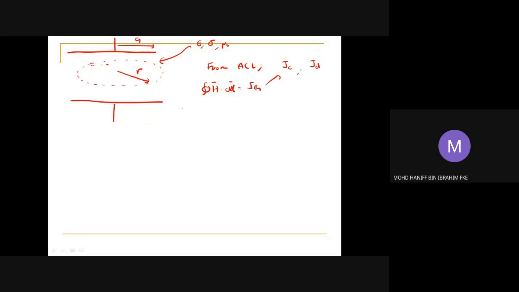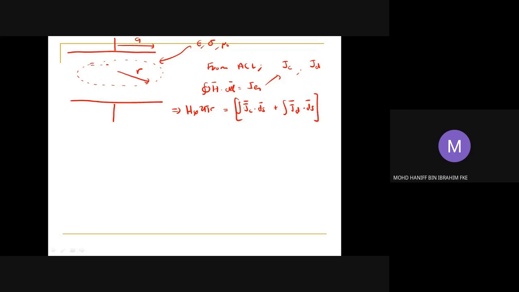So what we can do now is include these two currents together in the I enclosed calculation. We have H phi times 2 pi r, which is the integration on the loop itself. And I enclosed, I can write as the integration of JC dot ds plus the integration of JD dot ds, because this is the calculation of the enclosed current.